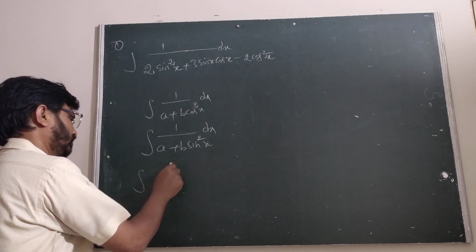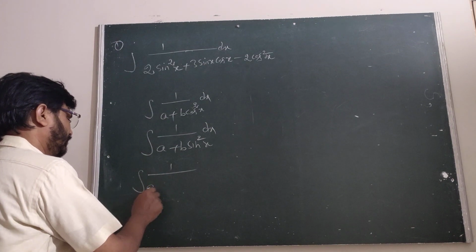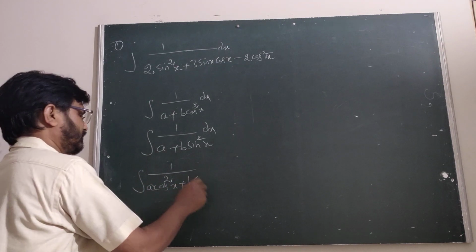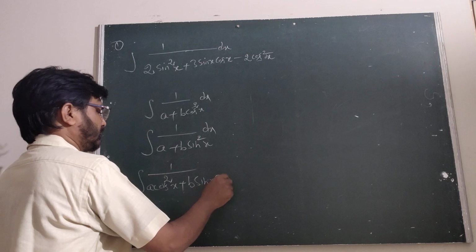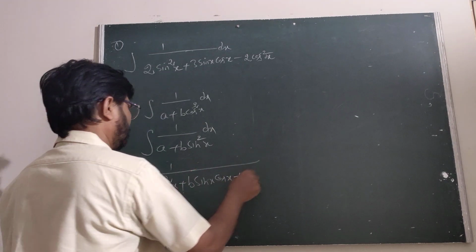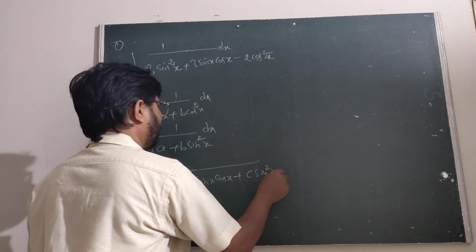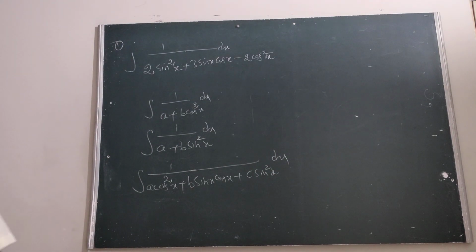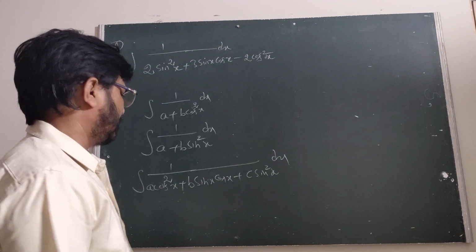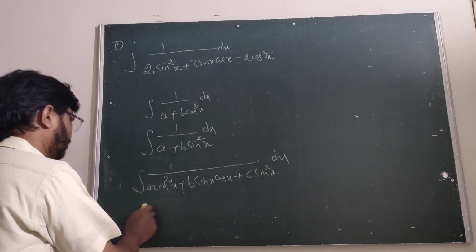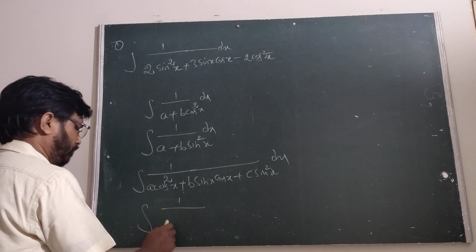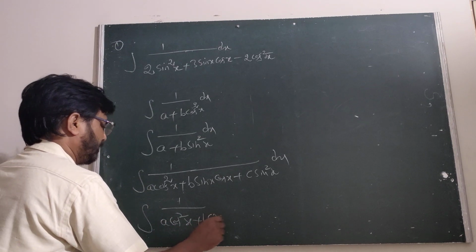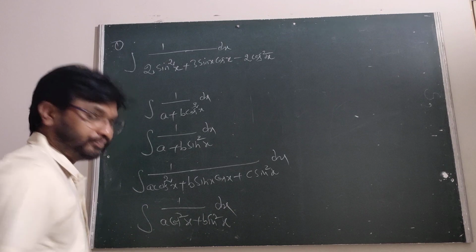After that, 1 upon a cos square x plus b sin x cos x plus c sin square x dx, and the last one is 1 upon a cos square x plus b sin square x into dx.